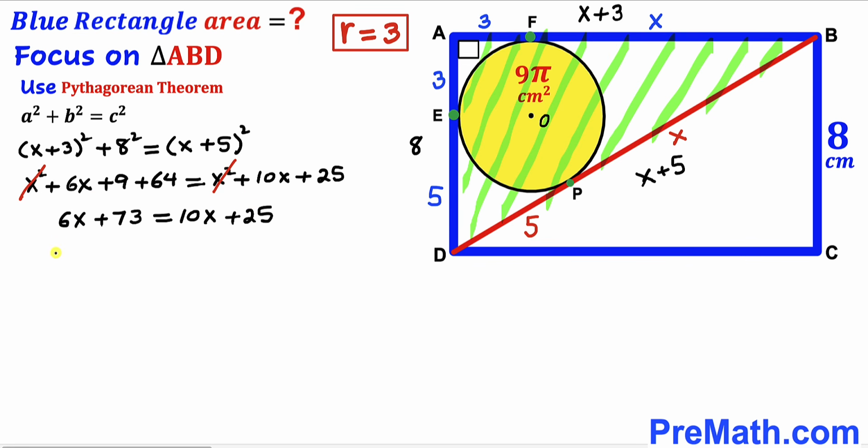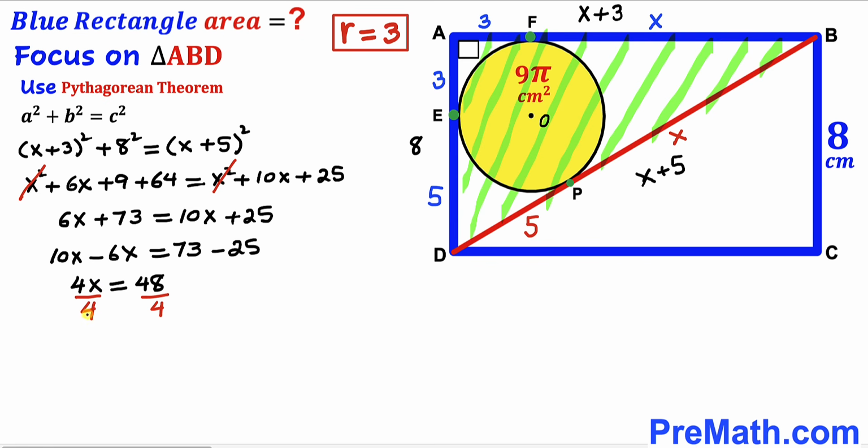So therefore we can write 10x minus 6x is going to be equal to 73 minus 25. Let's subtract. We are going to get 4x equals 48. And now I'm going to divide both sides by 4 to isolate x.